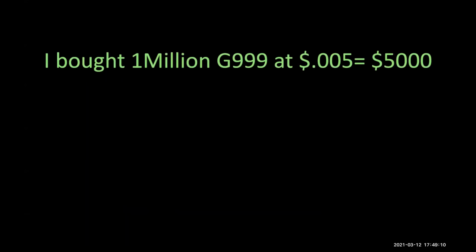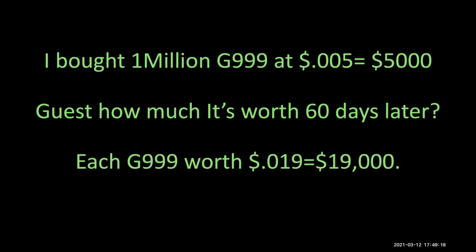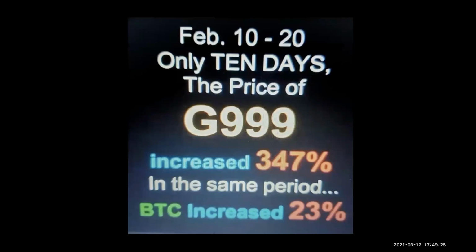I bought a million coins at five tenths of a penny. It was $5,000. Guess how much it was worth 60 days later? $19,000. That means it's worth a little under 2 cents. It had a huge gain in a 10-day rise.